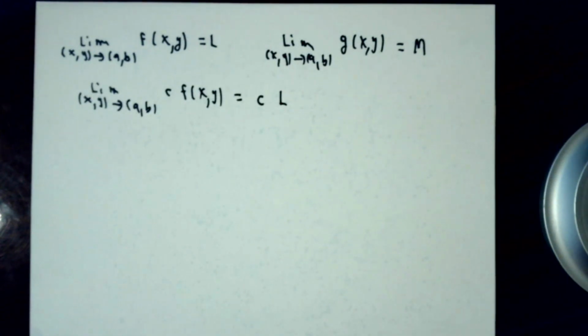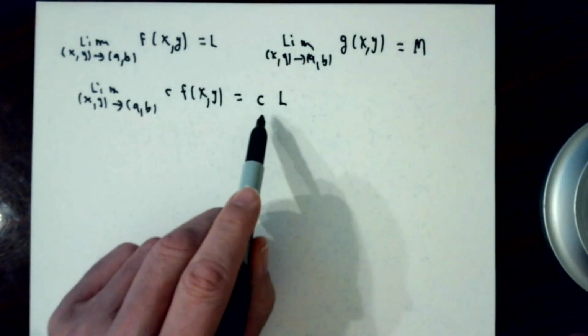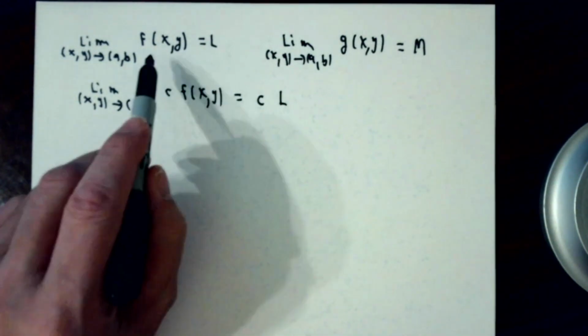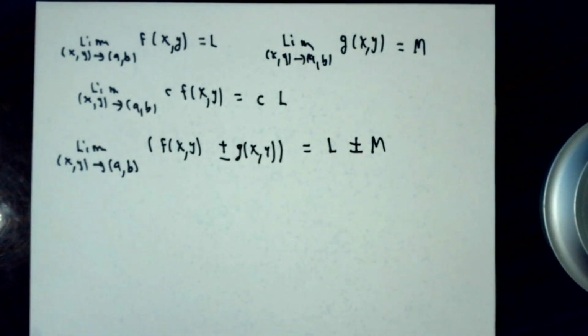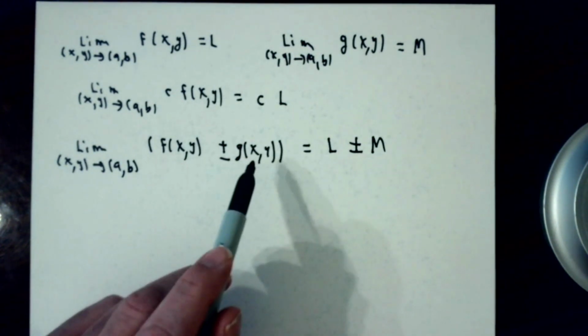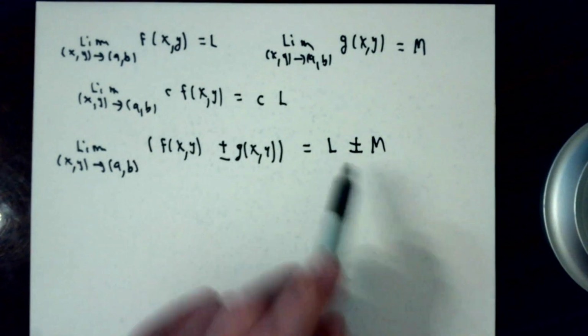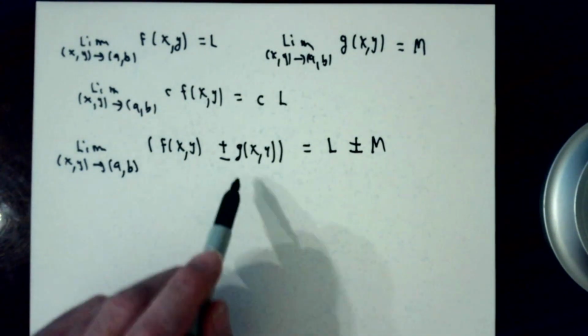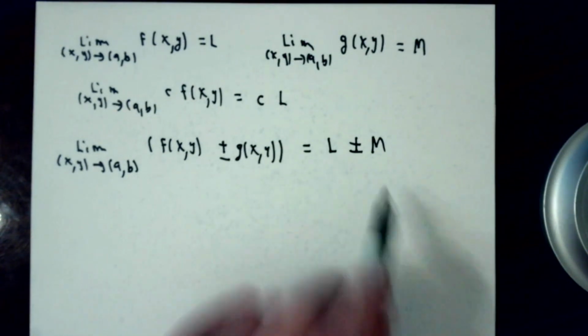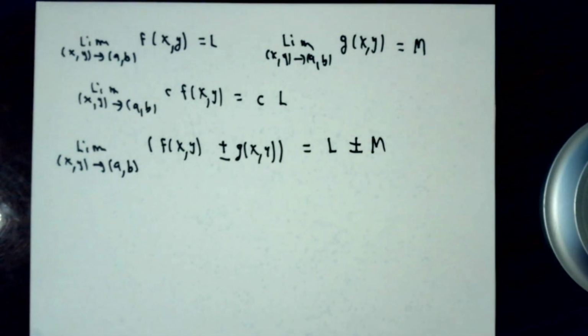The limit of a constant times a function is the constant times the limit of the function by itself, just like it was in Calculus 1. The limit of the sum of two functions is the sum of the individual limits. The limit of the difference of two functions would be L minus m, the difference of the two limits.